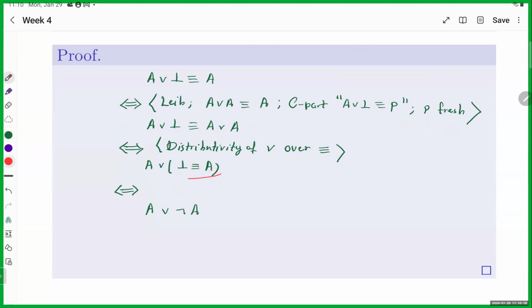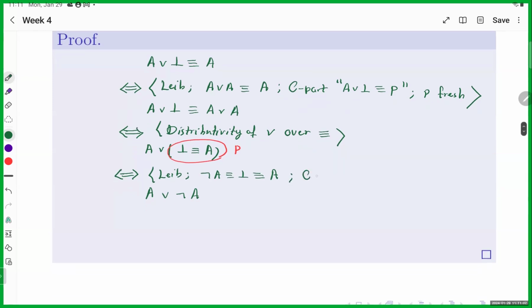So I'm going to call this P and apply Leibniz to what? I know negation of A is equivalent to bottom is equivalent to A. This is the theorem that we proved in the beginning of today's lecture, and we also call this the axiom of introduction of negation.